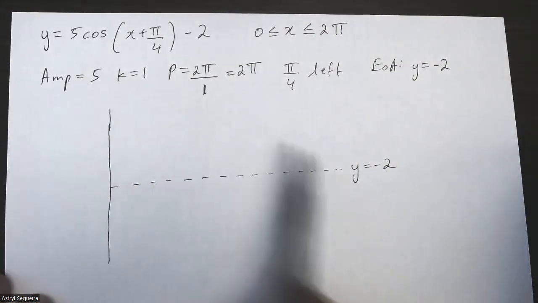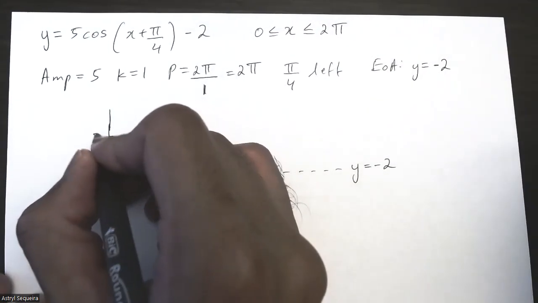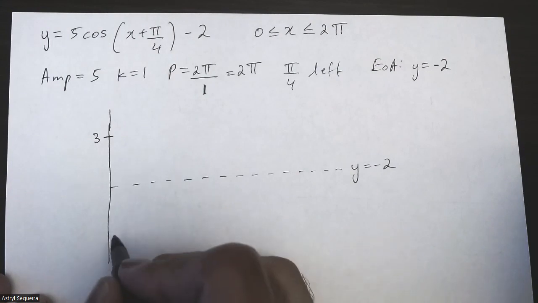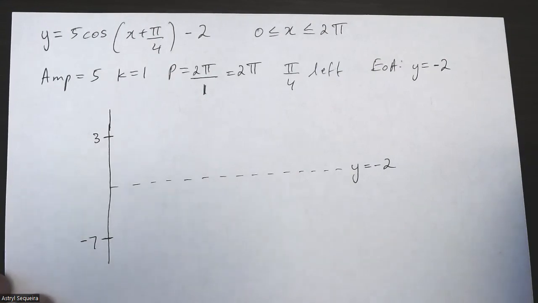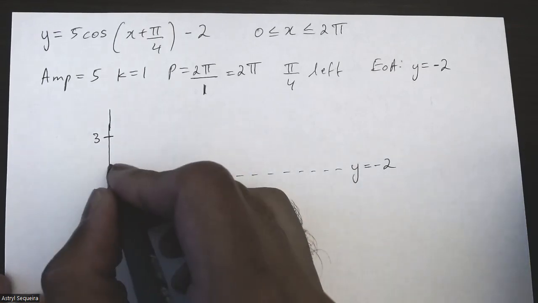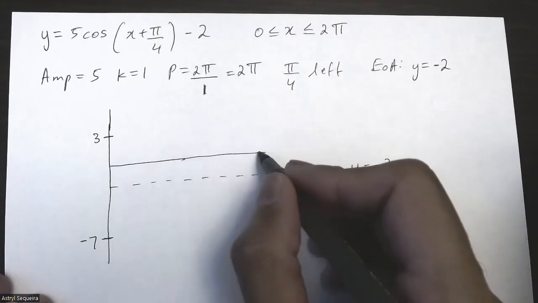So my amplitude is 5, so -2 plus 5 is +3, so my maximum is at +3, and -2 minus 5 is -7, so my minimum is at -7. Next, I draw the x-axis, and the x-axis is approximately between 3 and -2, somewhat over here, slightly closer to -2.